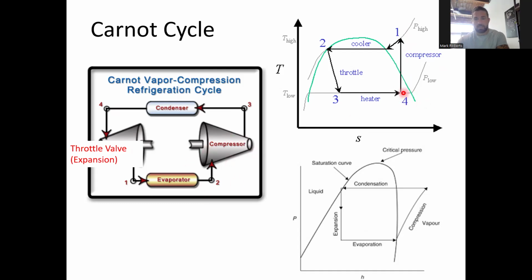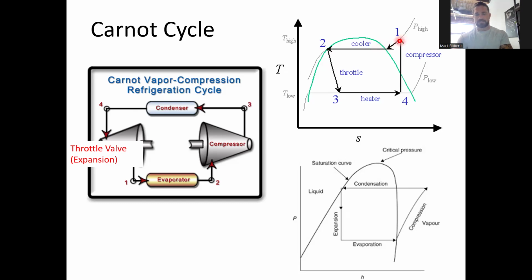We take mostly a vapor and compress it to high temperature, high pressure. So we compress a vapor to high temperature, high pressure, and then that vapor will go through a cooler.